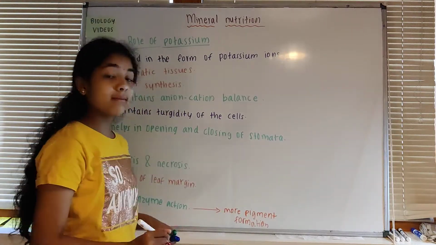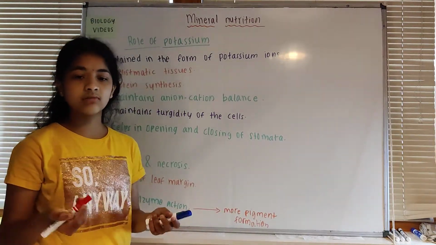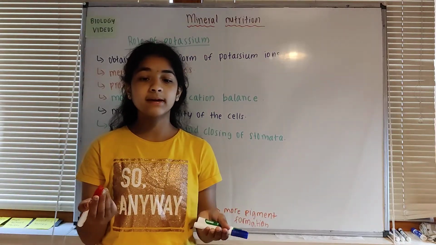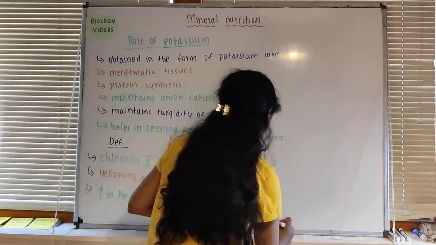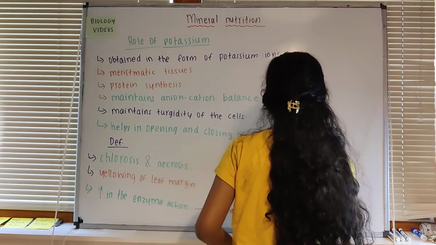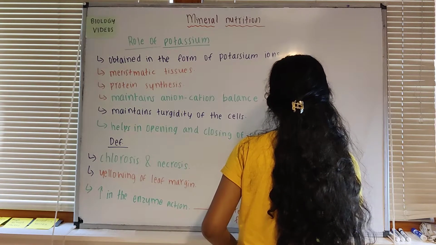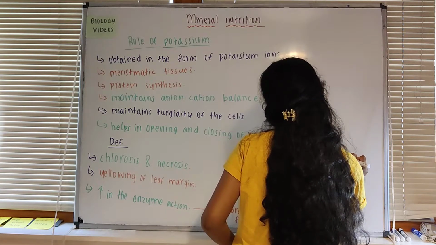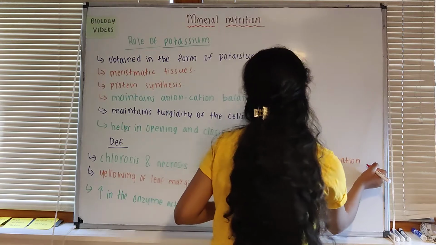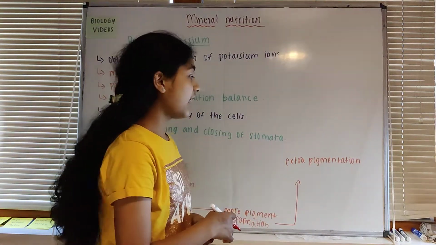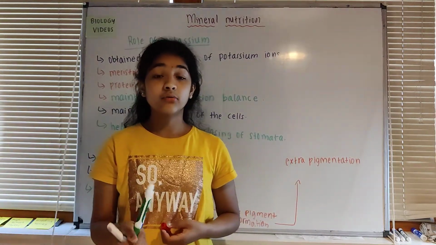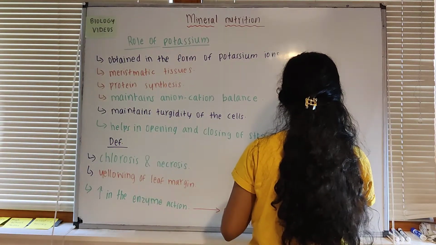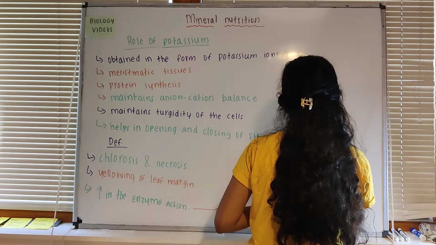When there is more pigment formation, there is extra pigmentation, and it appears like a brownish spot on the leaf, and this mainly occurs in fruits and tubers. So we can write extra pigmentation in fruits and tubers.